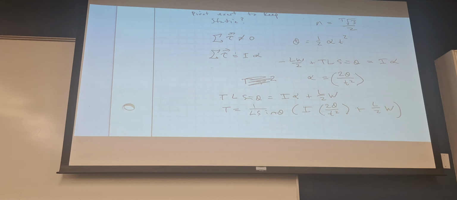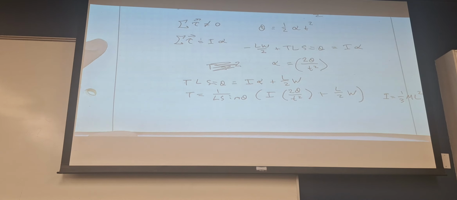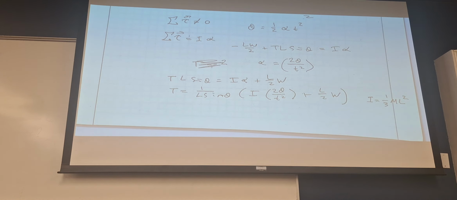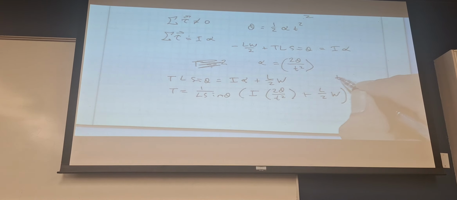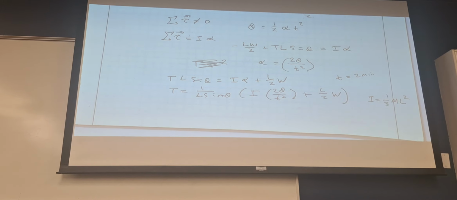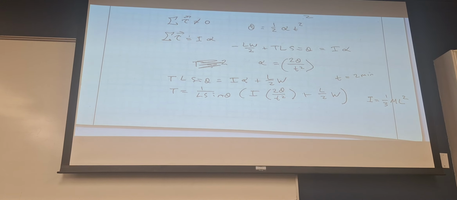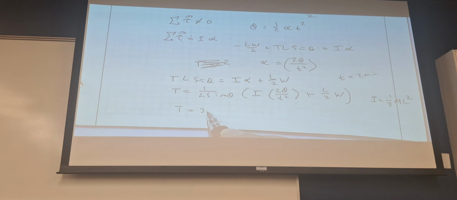I use I here to be the same as for a rod, 1/3 mL squared. Right, so if you plug everything in, and I give you a time of 2 minutes, so it takes 2 minutes to raise the bridge, and the question is, what's the tension? By plugging in everything, you get T equals 3.92 times 10 to the 6.